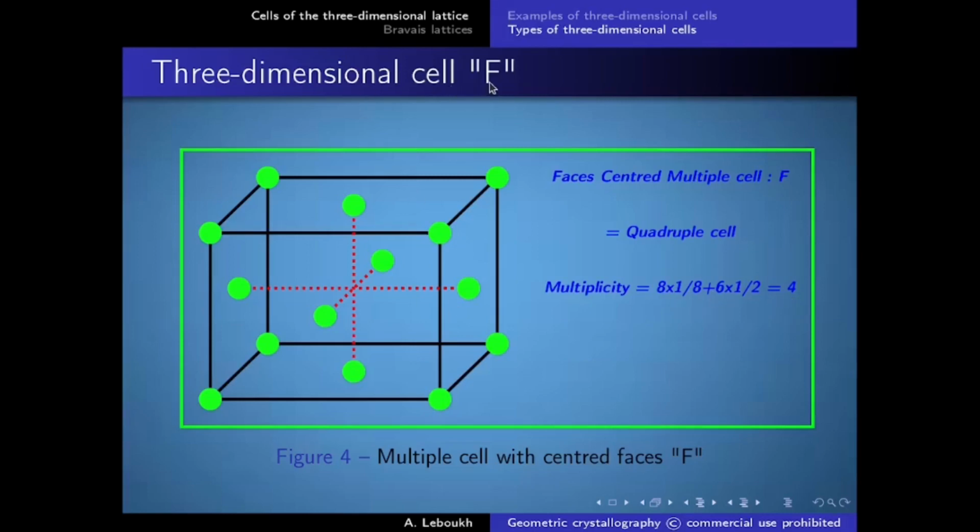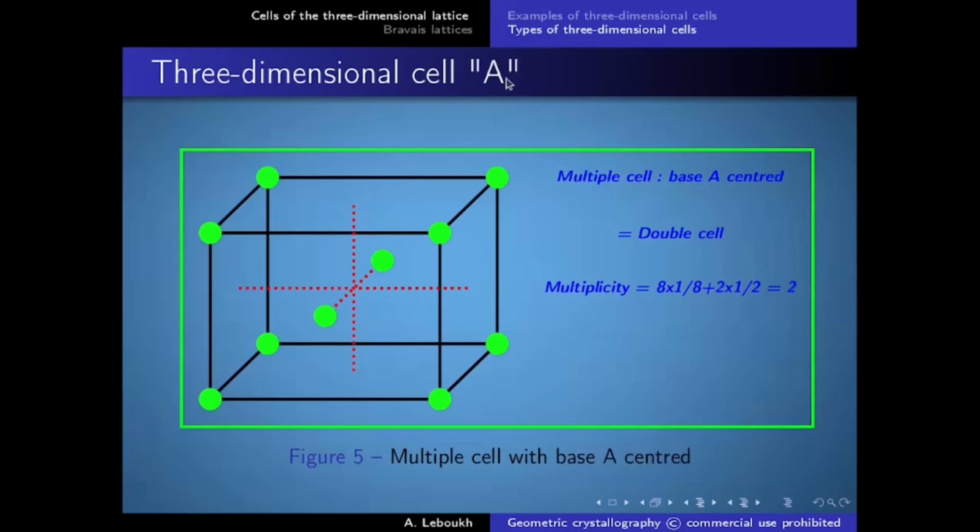This is the F cell. The A cell, with face A occupied, is base A centered, and it is a double cell, multiplicity equals 2. In the same way, the base B centered is also a double cell and multiplicity equals 2.